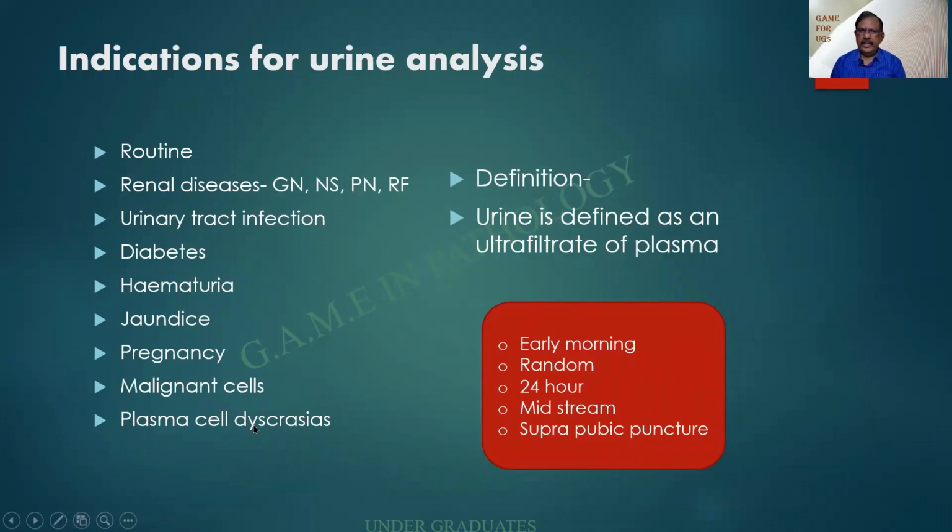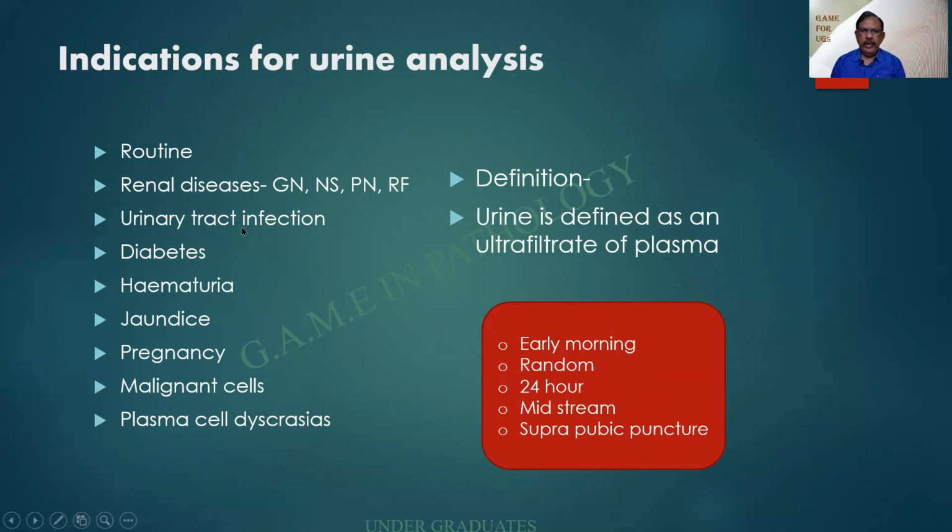What are the indications for urine analysis? I've already shown you in one of the first slides, but here, urine analysis can be a routine test for anyone. Whenever a patient enters a hospital, he is asked to do a routine hemogram, a basic biochemical test, and routine urine analysis.